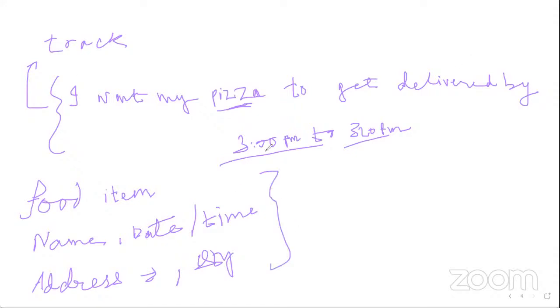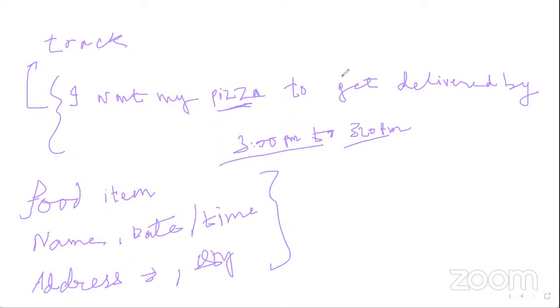So this information will be present in each of these intents. So what are entities? Entities are the information that will be a part of your intent. Similarly, for each and every intent, you will get some other information.